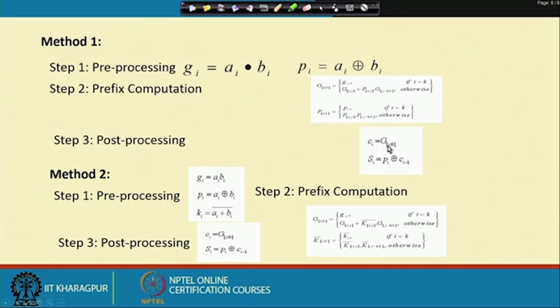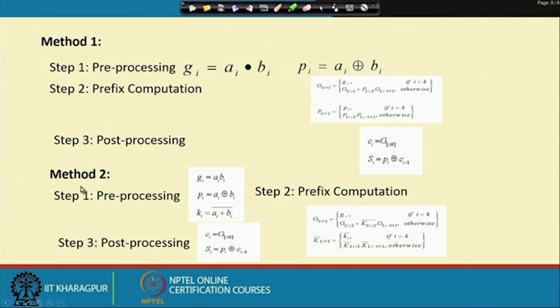The Ci value is Gi 0 and the sum is Pi XOR Ci minus 1. This is a simple logic which generates the corresponding sum and carry for each stage. If I consider 7 bits, then i varies from 0 to 7.